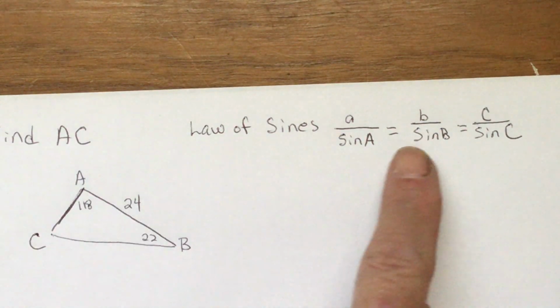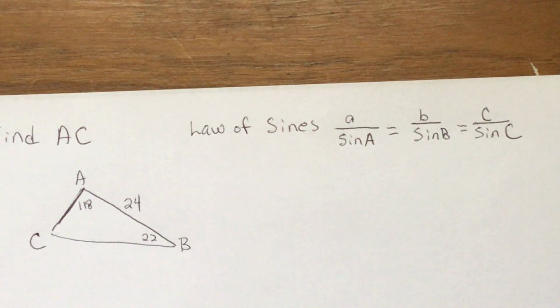And so there are these three ratios that in any triangle will be true, if indeed it is a triangle. And it doesn't have to be a 90-degree right triangle.